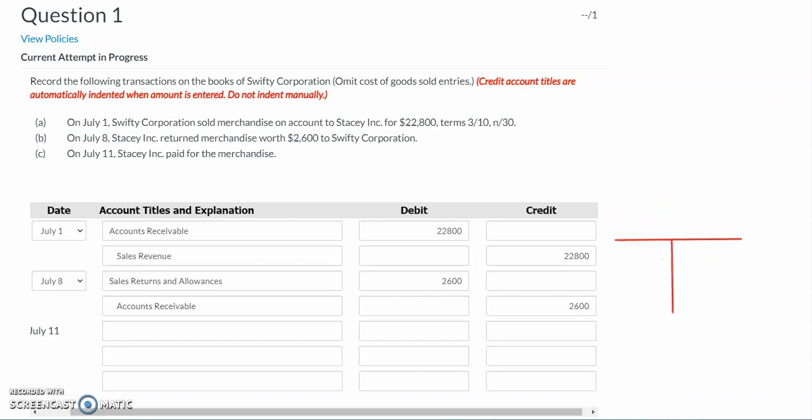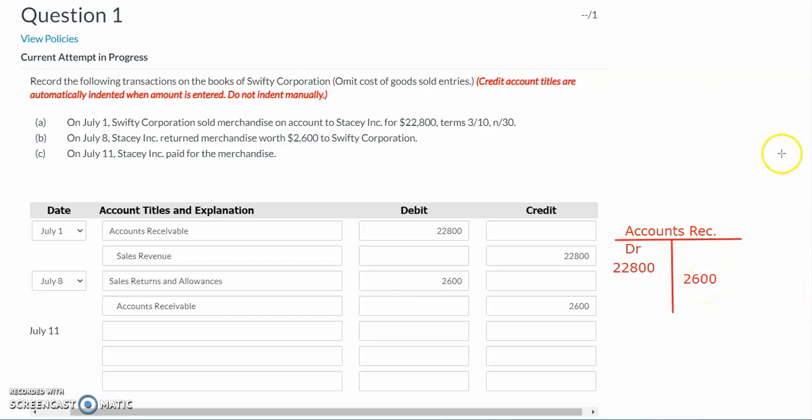Our accounts receivable account normally has a debit balance. So in our first transaction, we recorded a debit to accounts receivable of $22,800 for the sale. And then we had the return of $2,600.